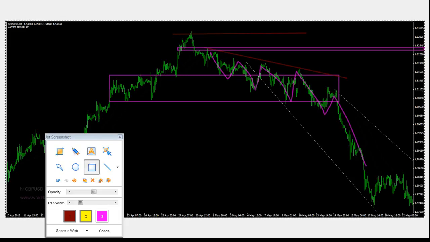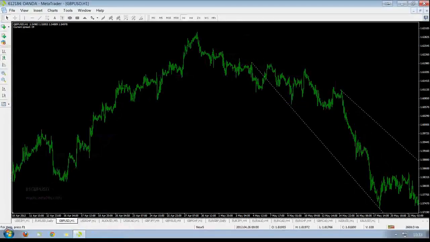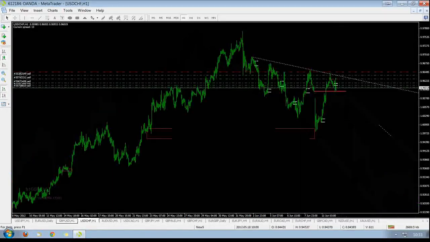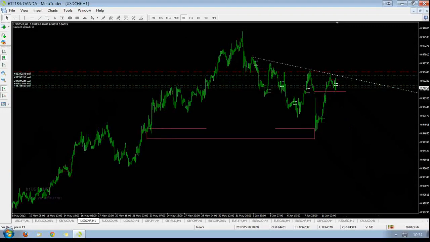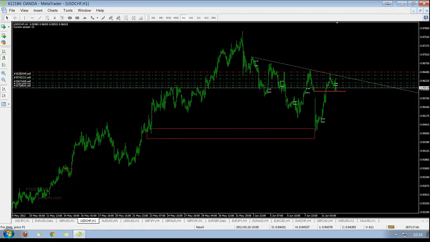So again, when I'm looking at the dollar Swiss and I'm seeing that kind of price behavior, I'm thinking, you know what, this is just getting too interesting, right? This is getting really, really interesting. Cable did this for a long time. She did it for about the course of a week, maybe 2 weeks even.